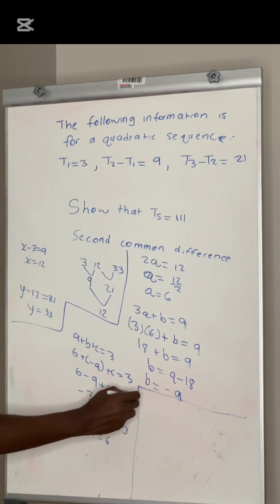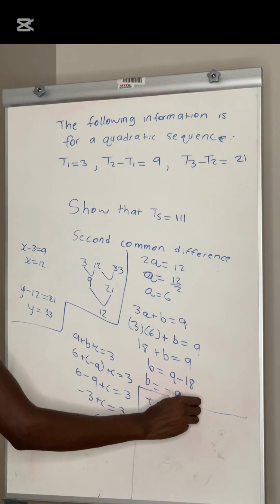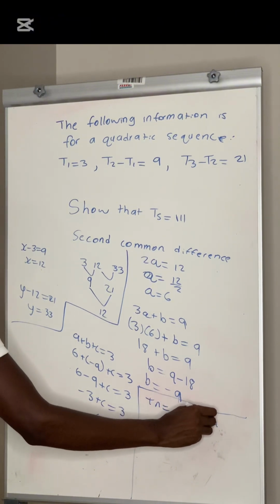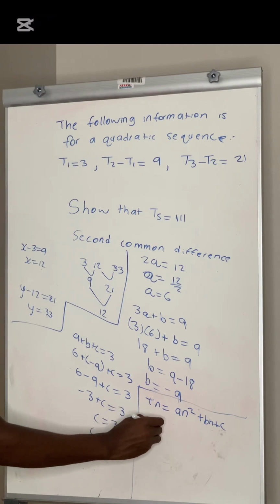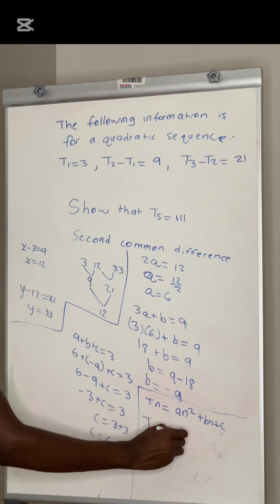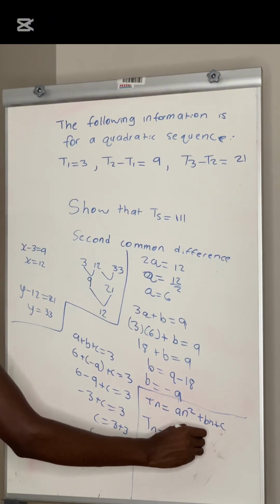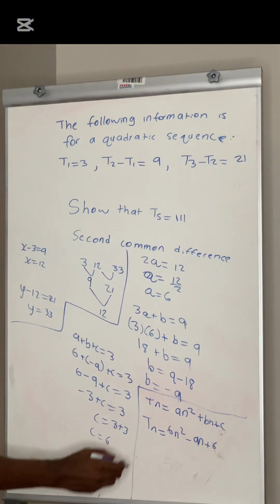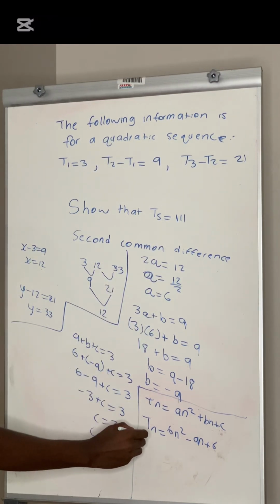And then finally, we have now our formula. Tn is equal to an squared plus bn plus c, which is the standard form for a quadratic. So our a is 6 with n squared, our b is negative 9n, and our c is positive 6. So we can now show that T5 is equal to 111.